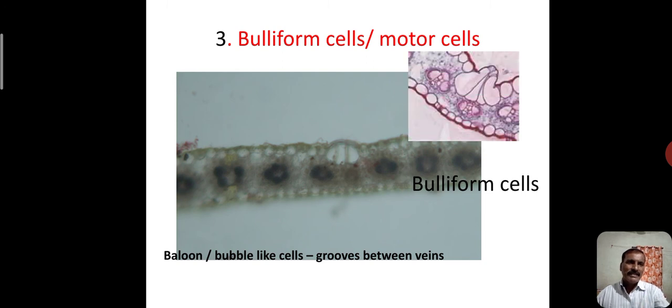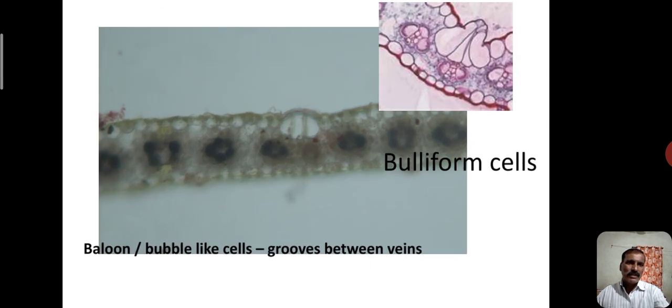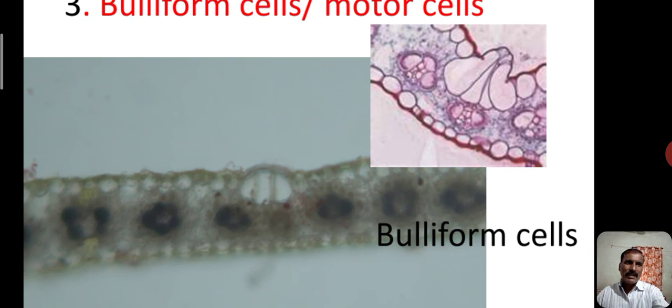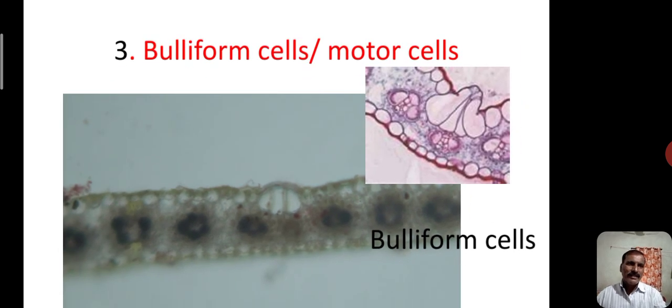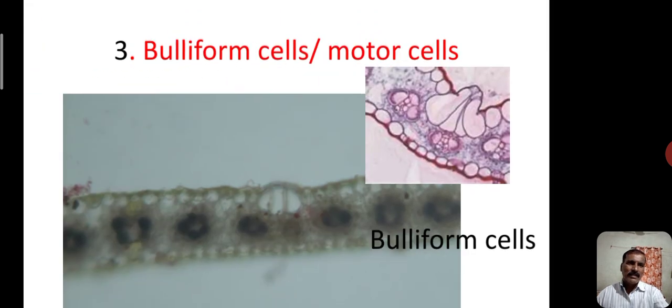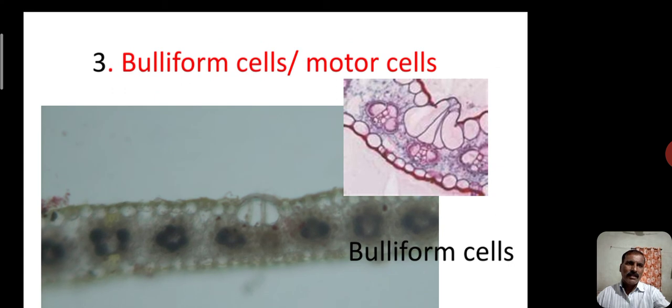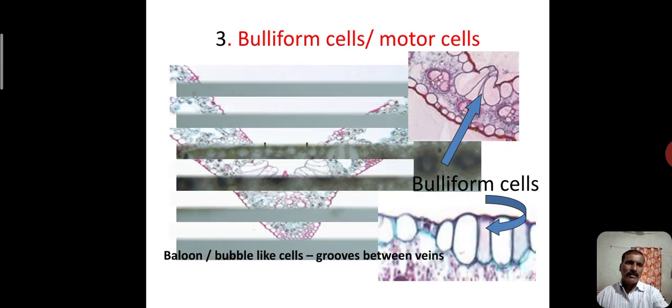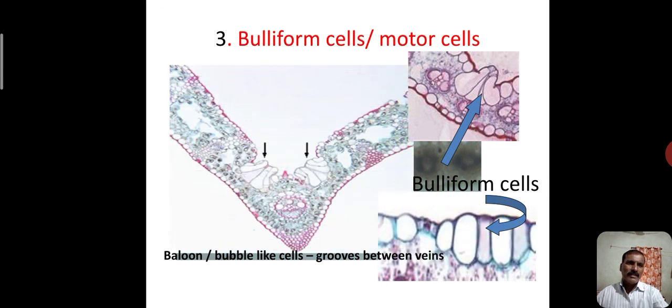Now, this is the enlarged portion of the bulliform cells, where the cells are quite larger and without chloroplast. These are mainly present in the veinlets.